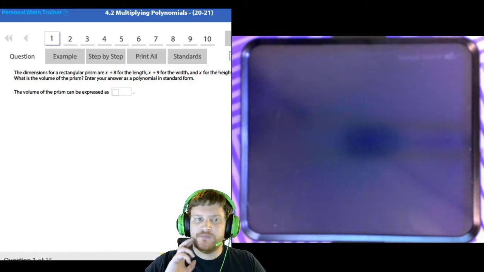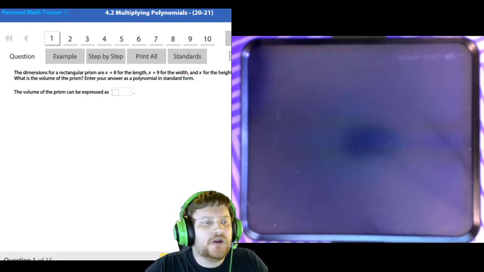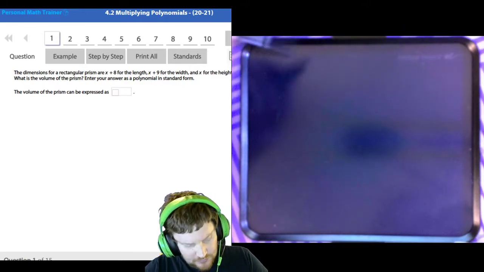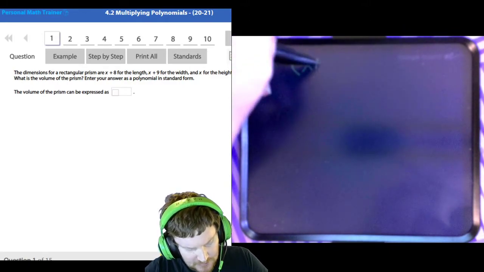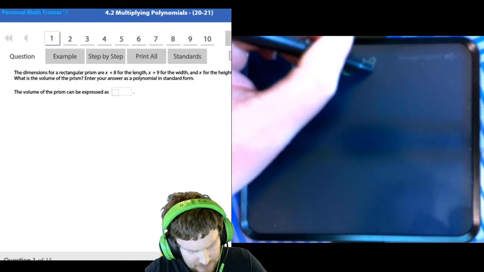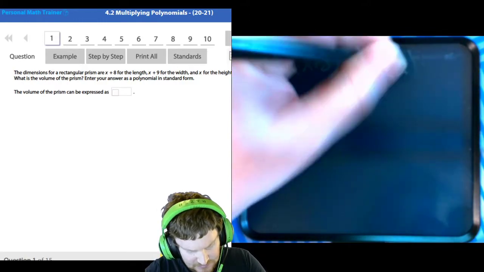And looks like the very first question we run into is the dimensions for a rectangular prism are x plus 8 for the length, x plus 9 for the width, and x for the height. What's the volume of the prism? So we've got x plus 8, x plus 9, and x.